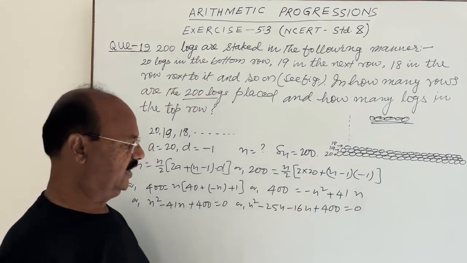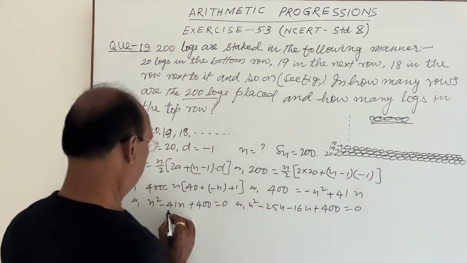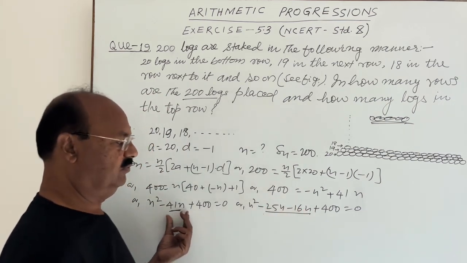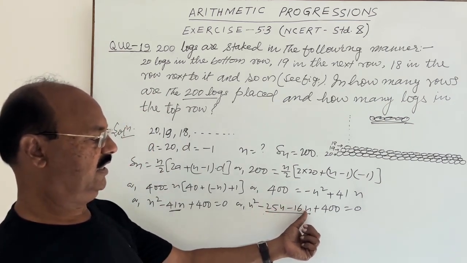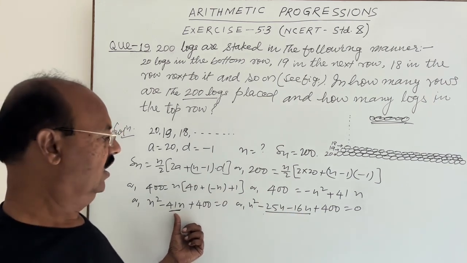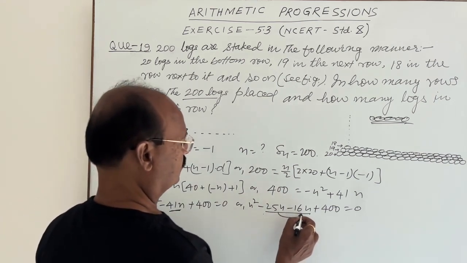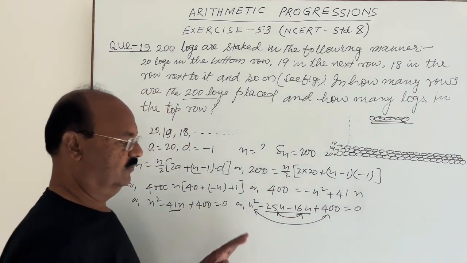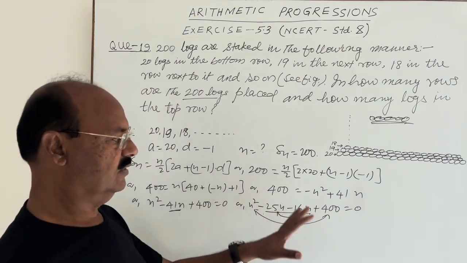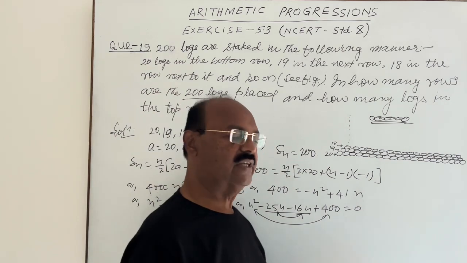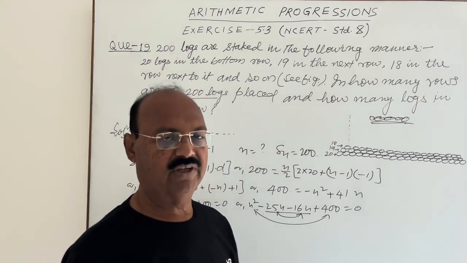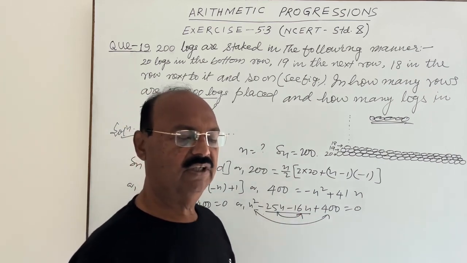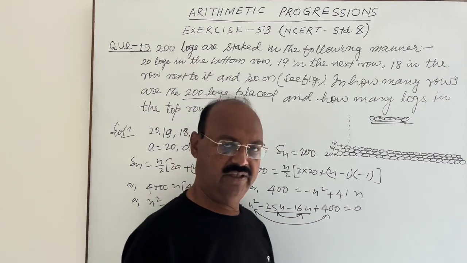While factorizing, take care that when you break up the middle term, the sum remains the same: minus 25n minus 16n gives minus 41n, and the product of these two numbers should be equal to the product of the first and last terms. This is the process of factorization of a quadratic equation. We have discussed many questions in the chapter of quadratic equations, so if you have any difficulty, please go through that chapter in the playlist of quadratic equations already there in the channel.